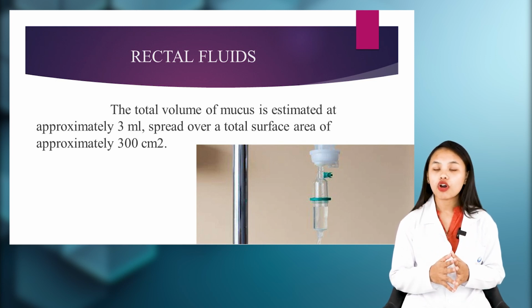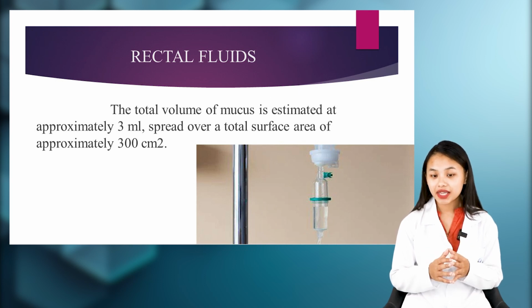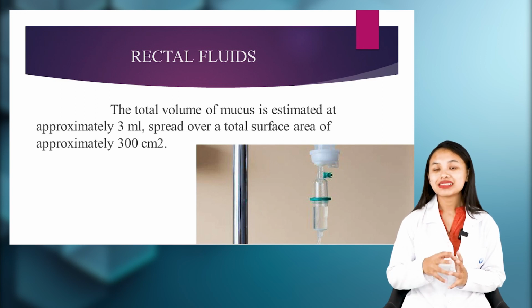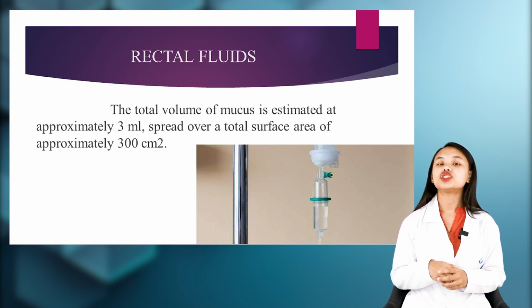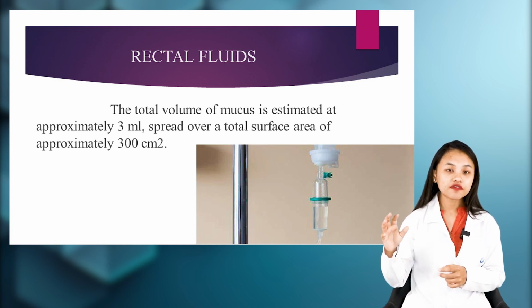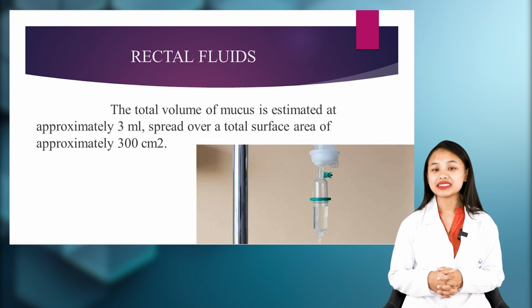The pH of the mucus layer is reported as approximately 7.5, which is closest to neutral, in adults. But in children, it is slightly alkaline.